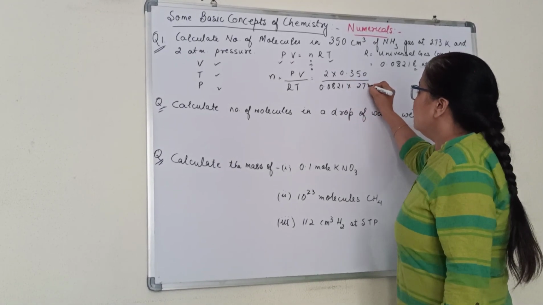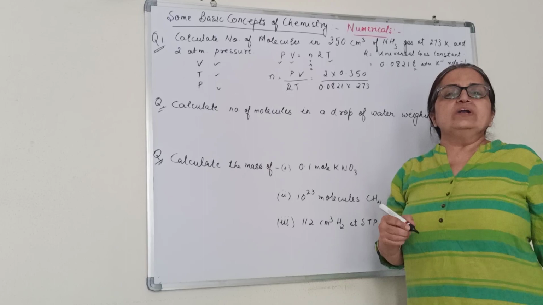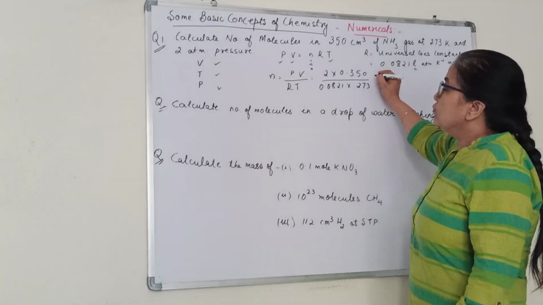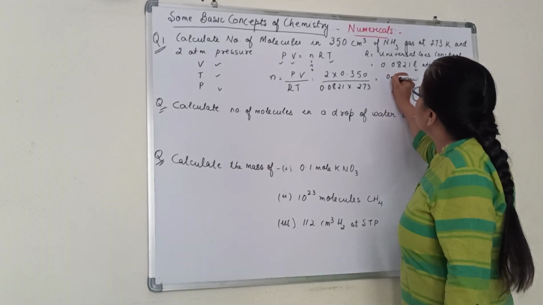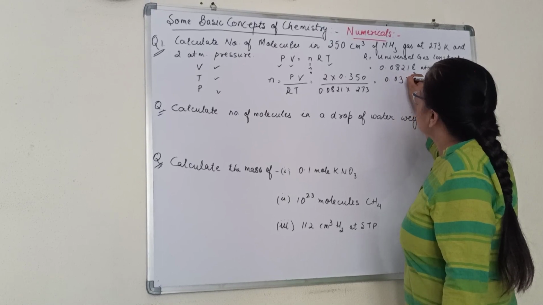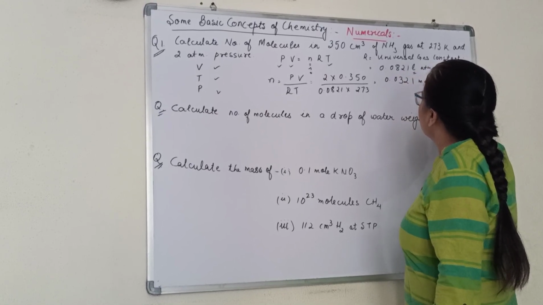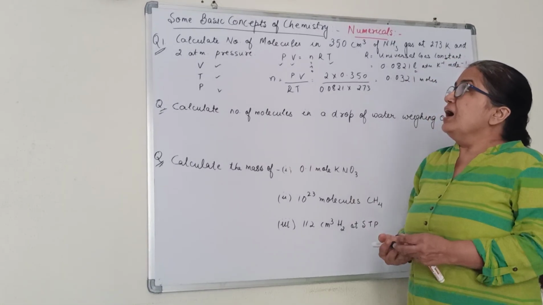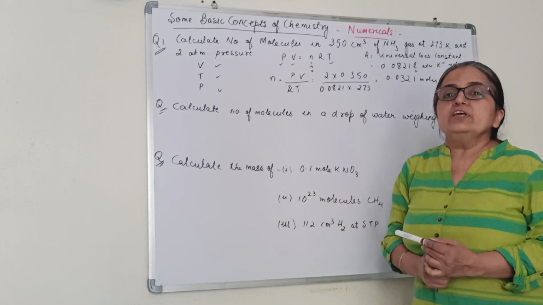If it is not given in Kelvin, you have to convert it to Kelvin. So you first find the number of moles. We are getting this as 0.0321 moles.